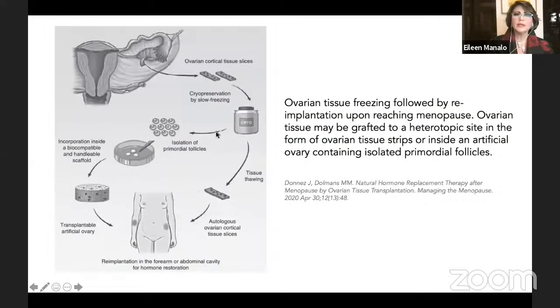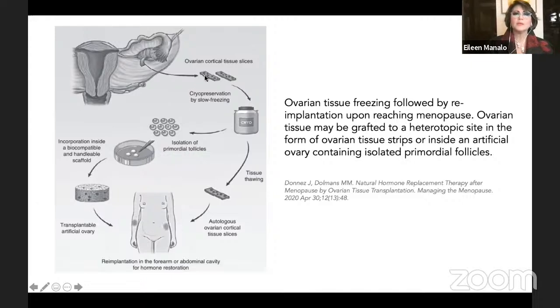So here is an algorithm, just a drawing of how we go about it. This is from Donnez and Dolmans. You do your laparoscopy, take out your ovarian tissue, cryopreserve it, and at the time of menopause, you put it back into a heterotopic site here in the abdominal wall.